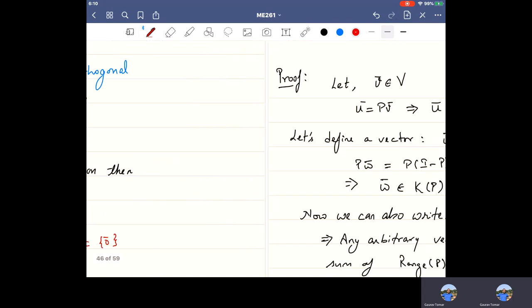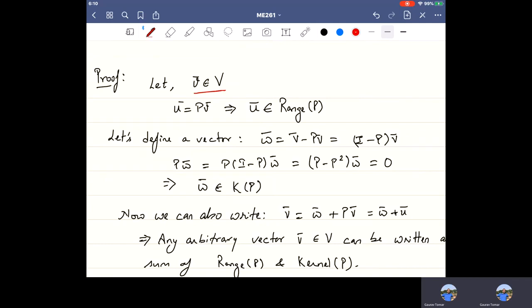Now, to prove this, let's take a vector v belonging to vector space V. Now, u will be then P times v. u belongs to the range of P. Now, let's define a vector w in which we are taking off the components of u.